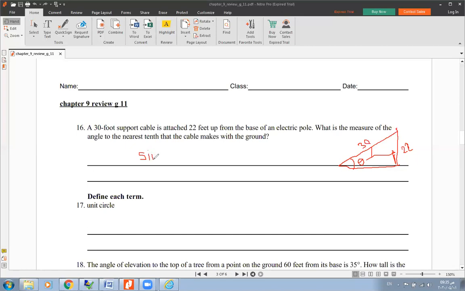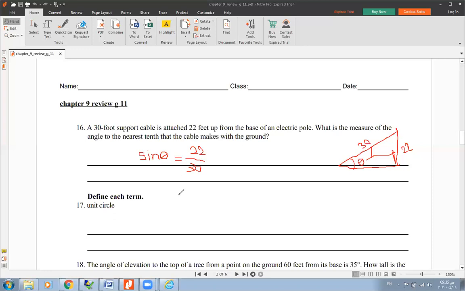opposite over hypotenuse, which is 22 over 30. So we use the definition of the sine. After that I need to find theta.